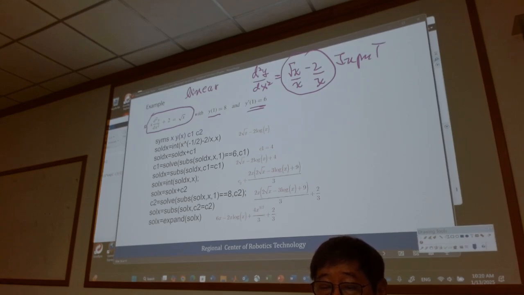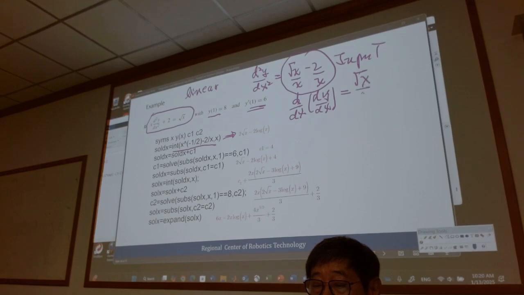You integrate first. This solution gives you dy by dx equal to square root of x divided by x minus 2 over x, right? You integrate one of them.